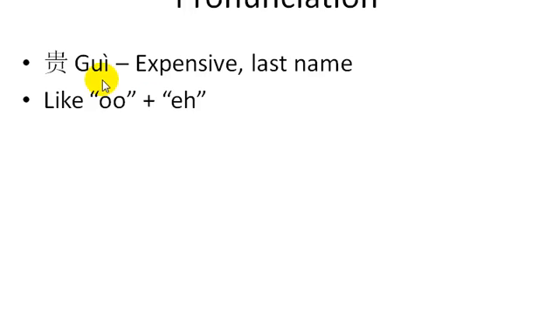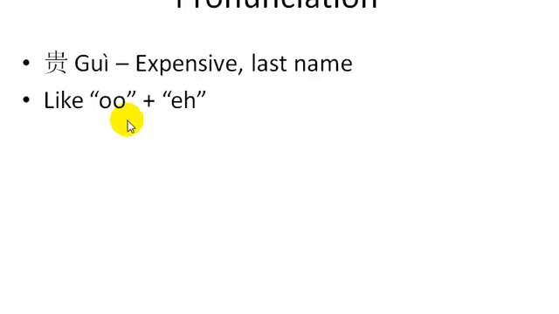Next we have gui. The more common meaning of gui is expensive, but in this unit we learned that it also means last name. The very simple explanation for how to pronounce this is it sounds like the word way, like which way to Boston, with a G in front of it, gui.